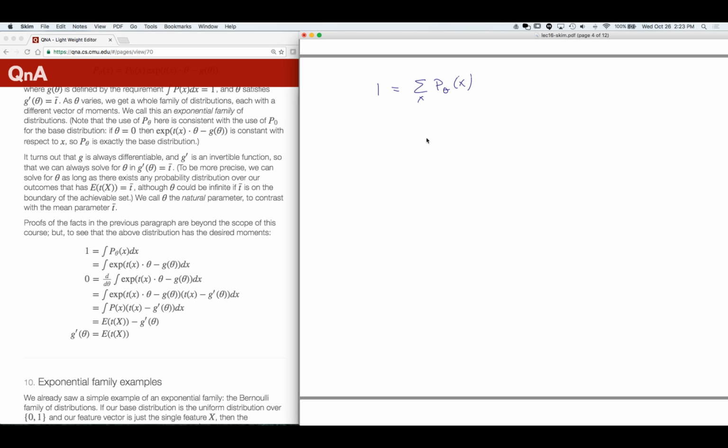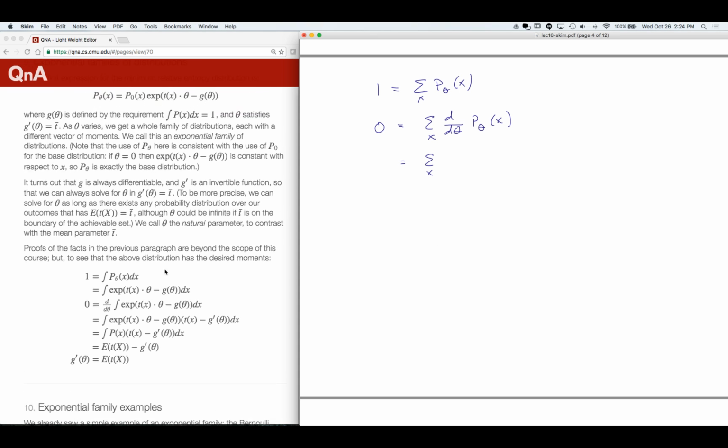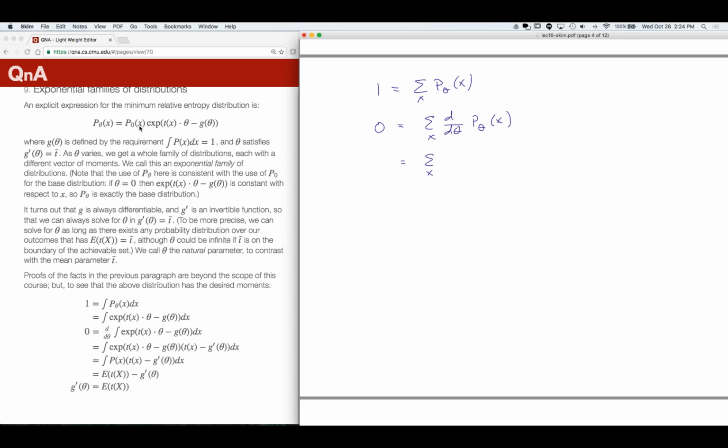But since we know it's true, we can differentiate both sides with respect to theta. So 1 is a constant, so its derivative is 0. Sum over x, the derivative passes through the sum. We get d by d theta of p theta of x, summed over x. We have the expression for p theta up here, so d by d theta of p theta.